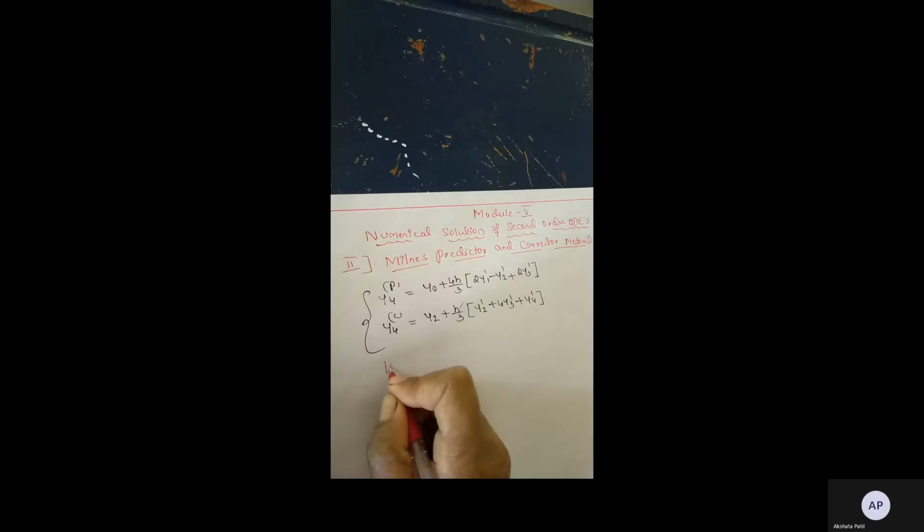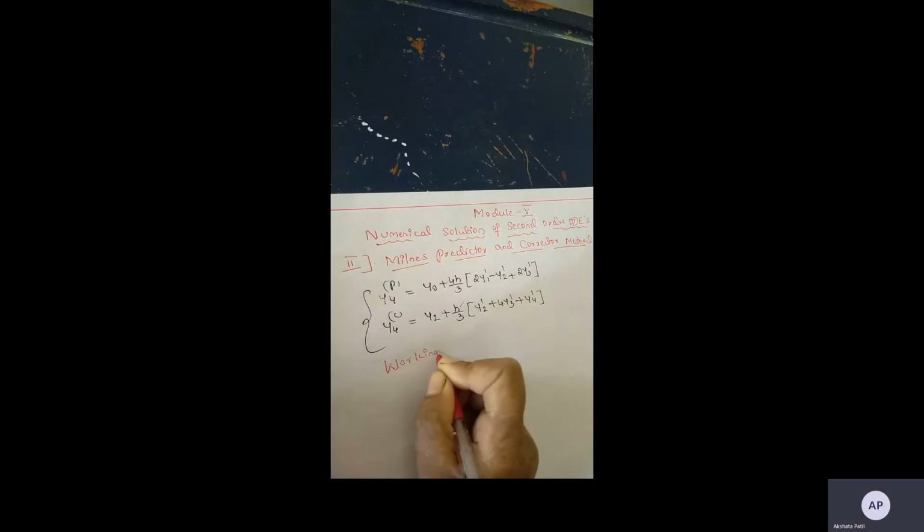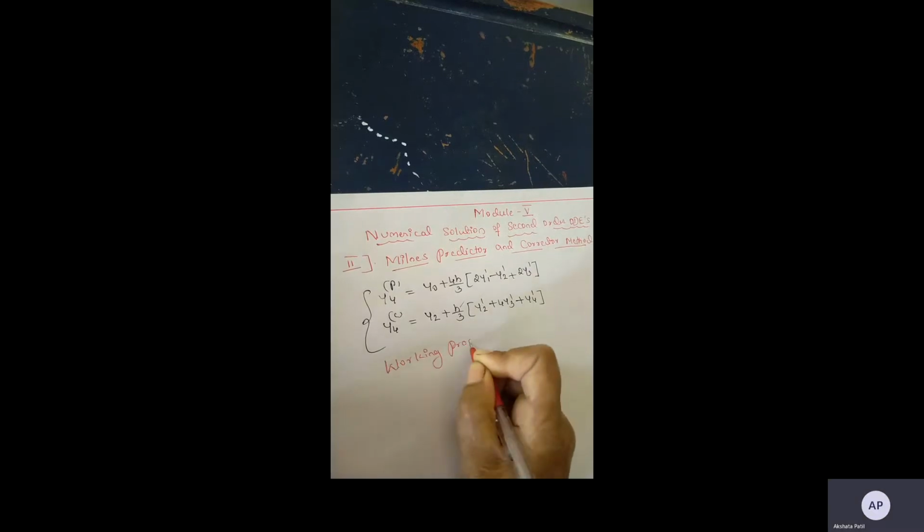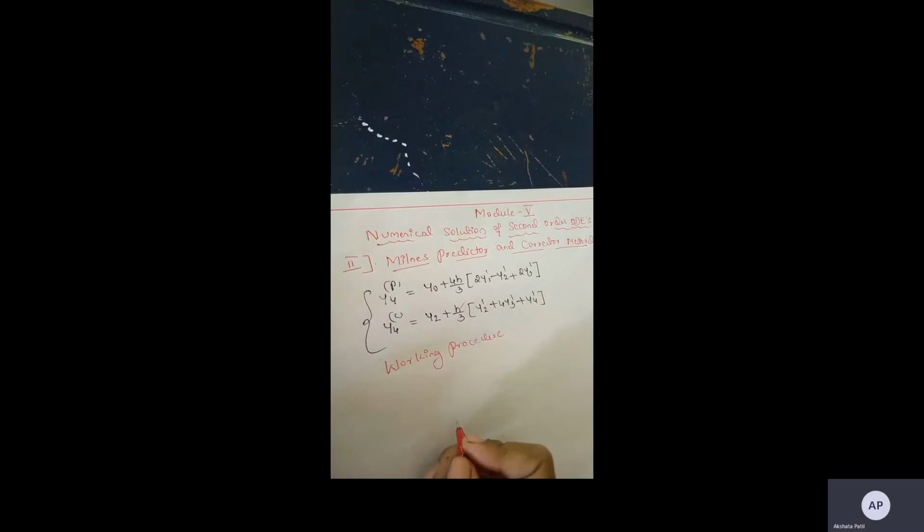But since here we solve a second order ordinary differential equation, we need to modify these two relations with small changes. Let us discuss that modification in the working procedure for problems.